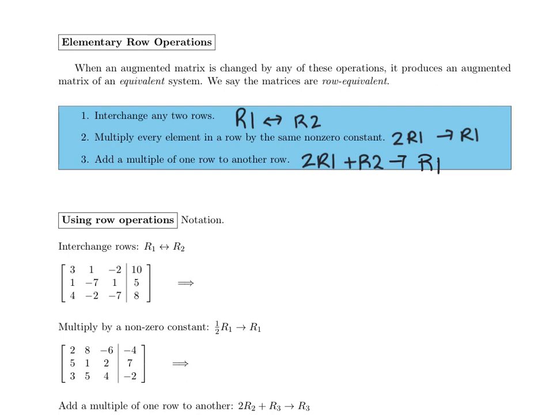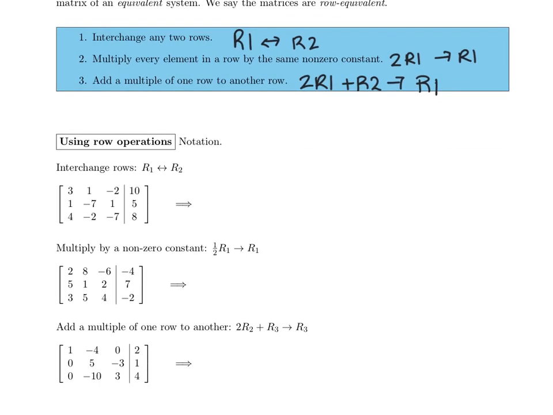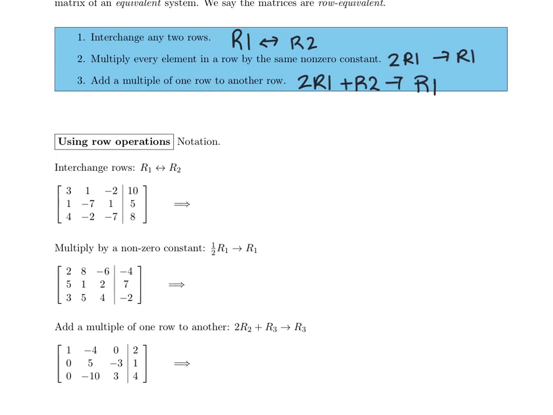So don't get too alarmed. We're just doing some basic row operations. We're not going to do the whole thing by hand. After we do this, we'll go to our calculator. So the first one says interchange row 1 and row 2. That means everything in row 2 gets moved up: 1, -7, 1, and then 5.